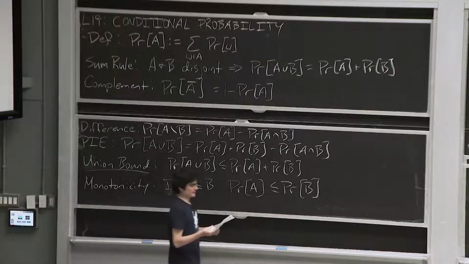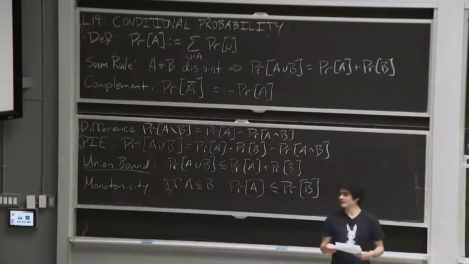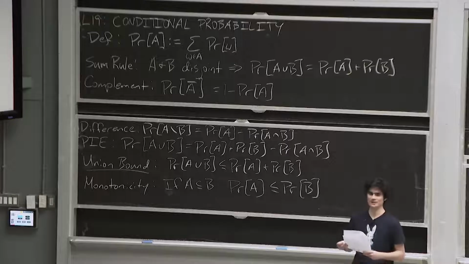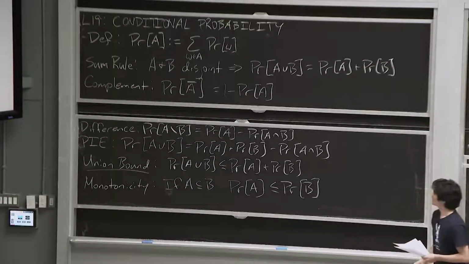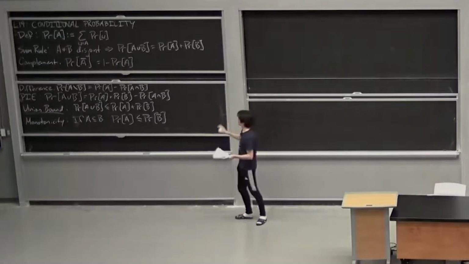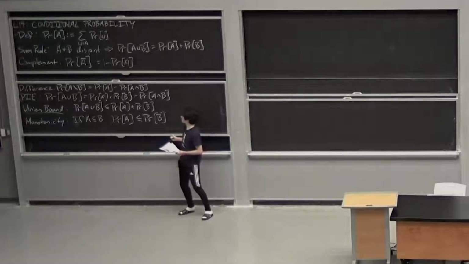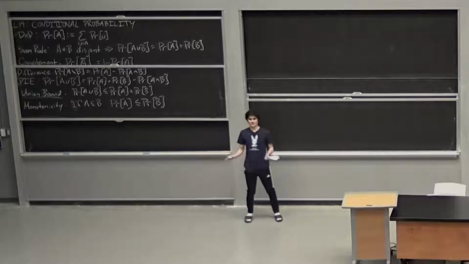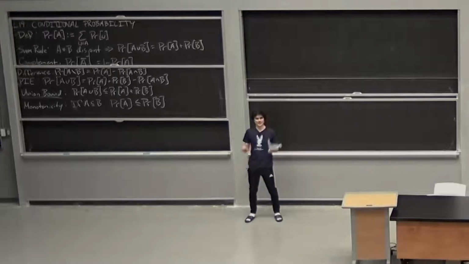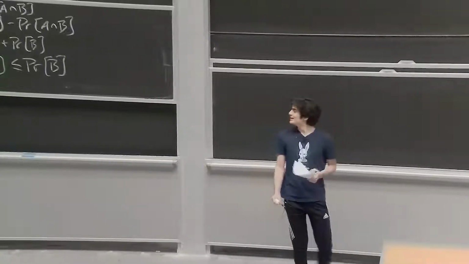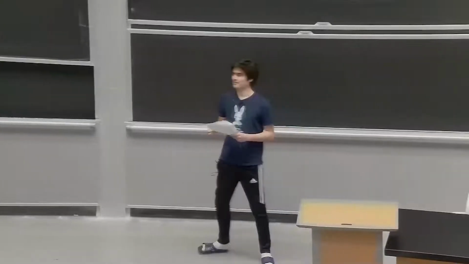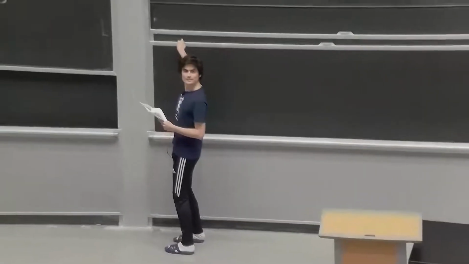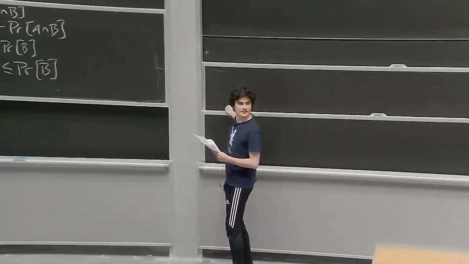I suppose for the principle of inclusion-exclusion you should probably only think about finite cases, but the other two fairly naturally generalize to countable sets of events. Do these rules make sense to everybody? You'll probably be using them quite a lot, so make sure you're familiar with them. Any questions?